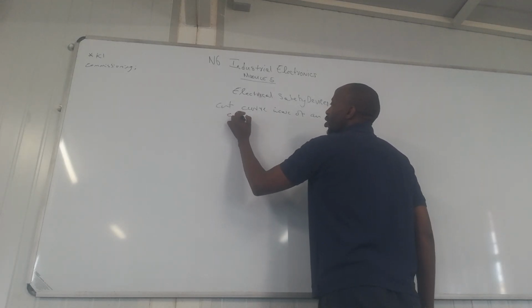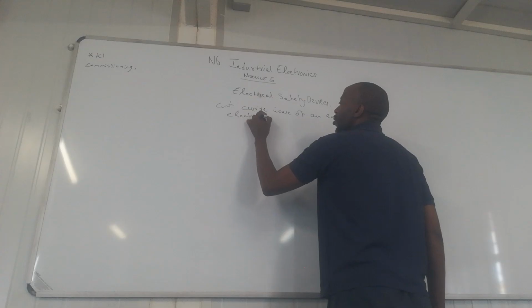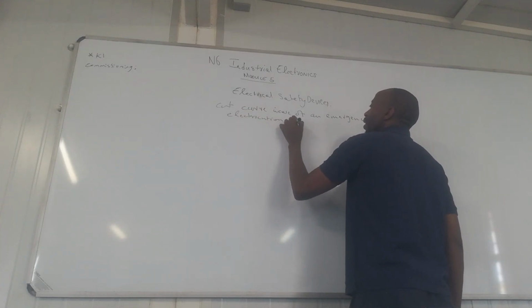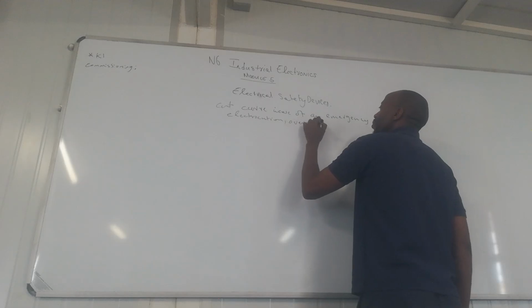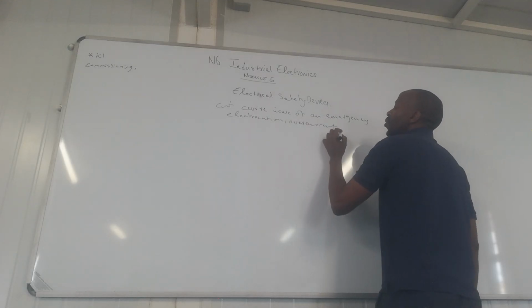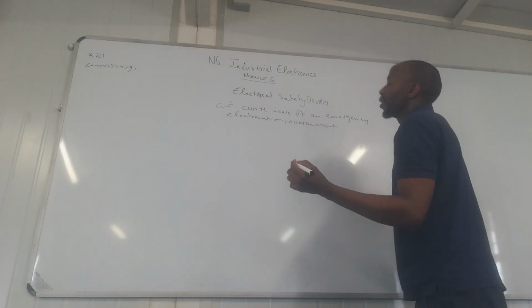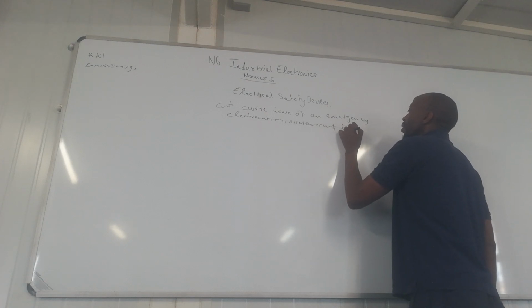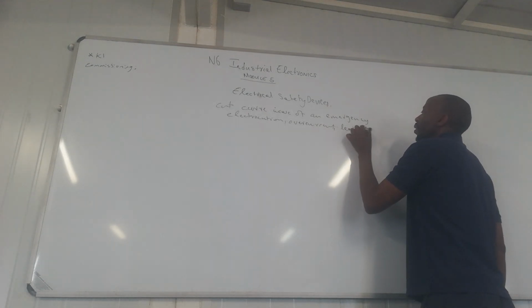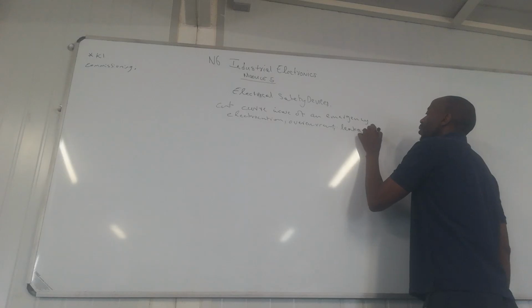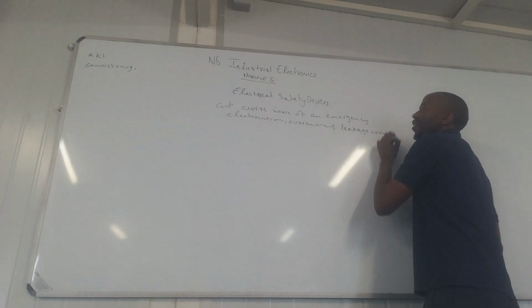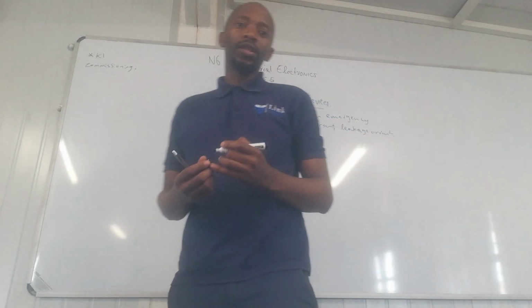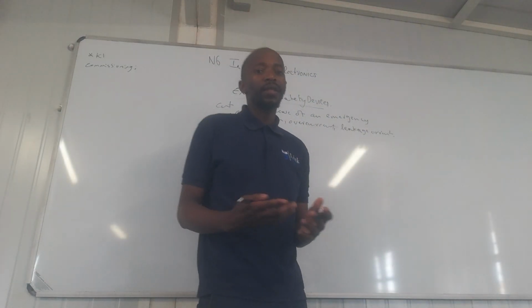Can be electrocution, overcurrent, and leakage current. Now, we have two types of electrical devices.